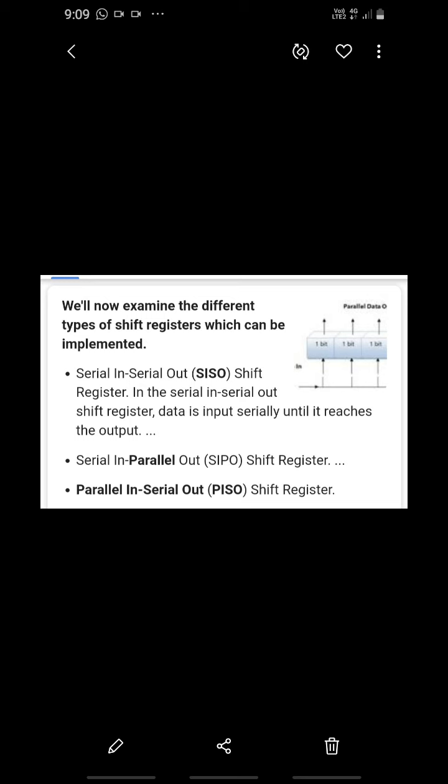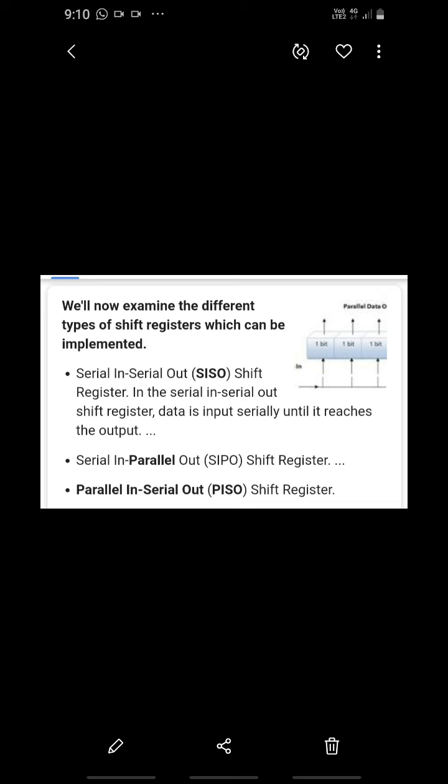Next, parallel in, serial out shift register. In this case, the data is loaded simultaneously.